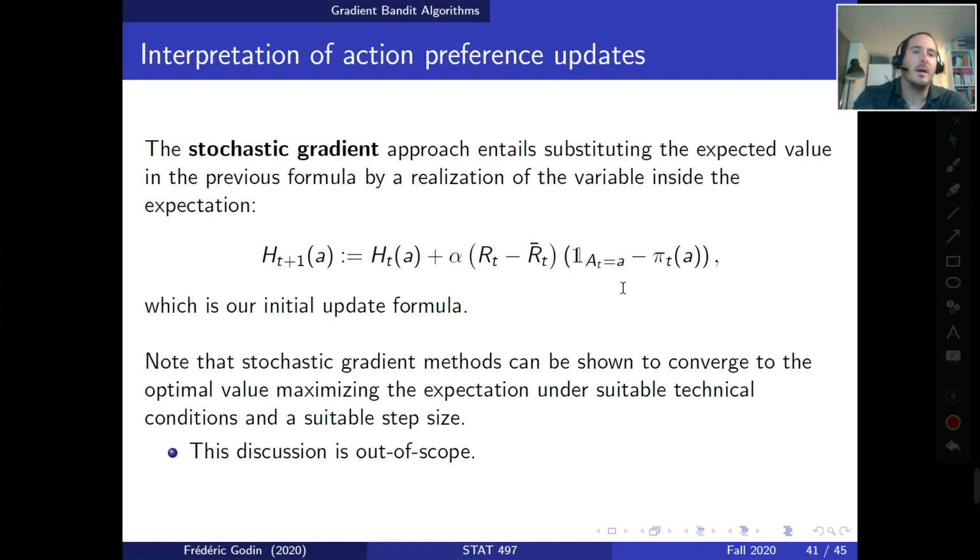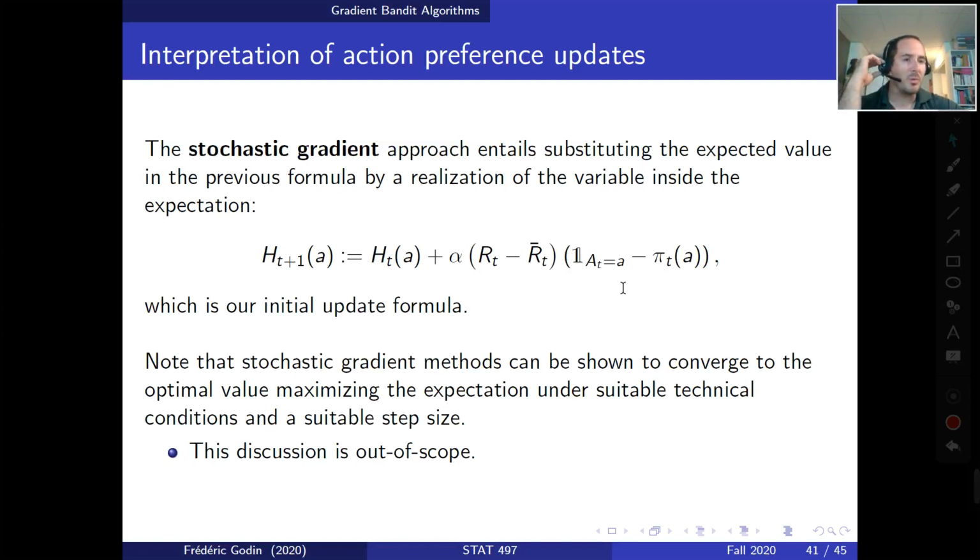Okay, so it can be shown that as t tends to infinity, the action preferences will tend to maximize the reward. So eventually, the preference for the best action will converge to infinity, and the preference for all non-optimal actions will converge to minus infinity. So there's a whole theory worked out for stochastic gradient methods and their convergence to the optimal value.